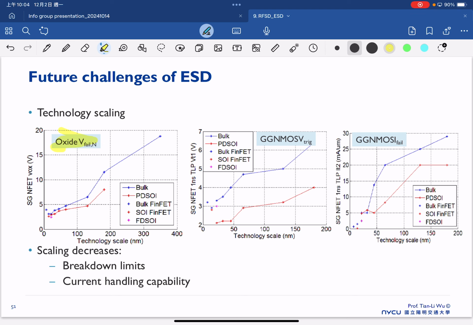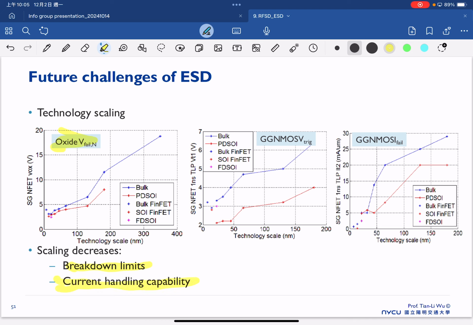ESD is related to, for example, if we talk about the human body model, mainly the discharge between the human and your device. So this voltage spike won't decrease. It's always more than 1000 volts, even more than 10K volts. But the problem is that for our scaled device, the breakdown voltage is getting smaller and smaller. This is because we try to reduce the pitch, reduce the channel length, reduce the LGD, and reduce the gate oxide. That always causes a smaller breakdown voltage. And also the current handling capability has issues.